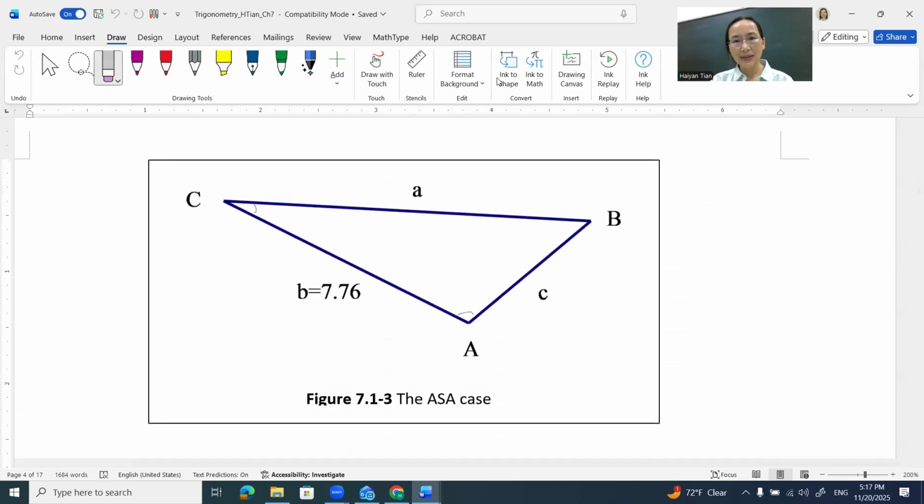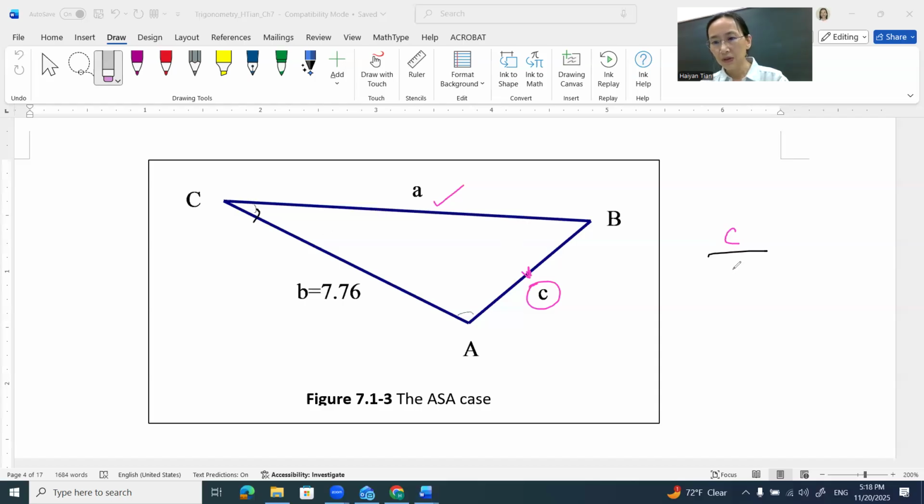You see c is another side, this one. So this is our c and capital C. The capital C is given, right?